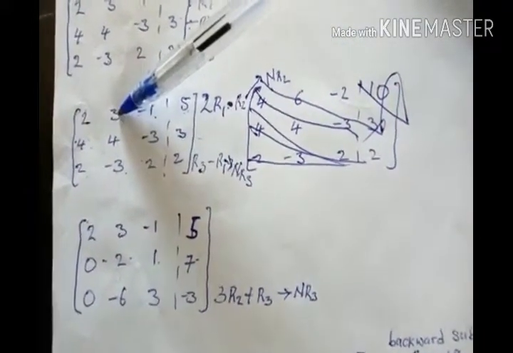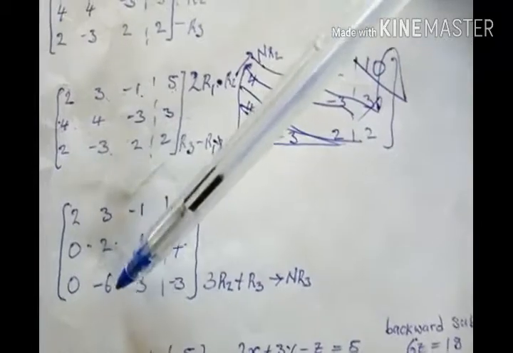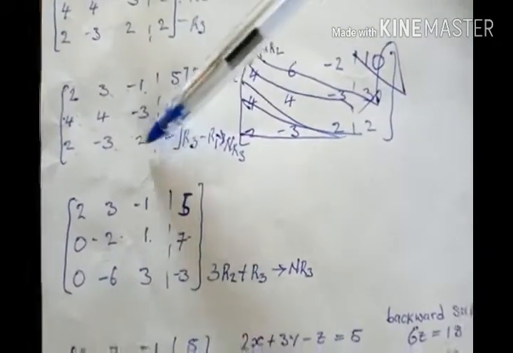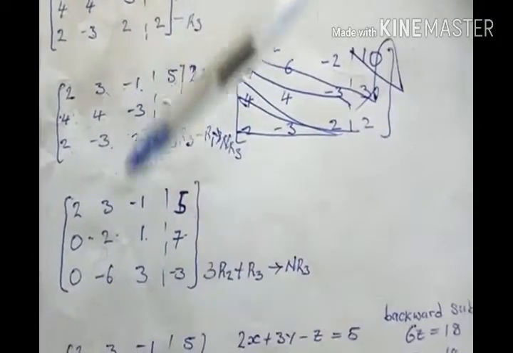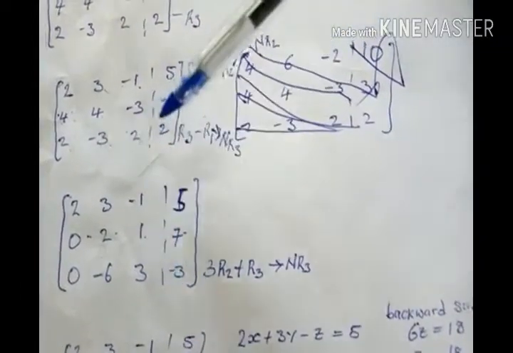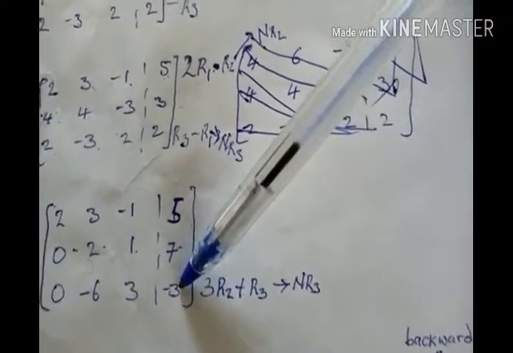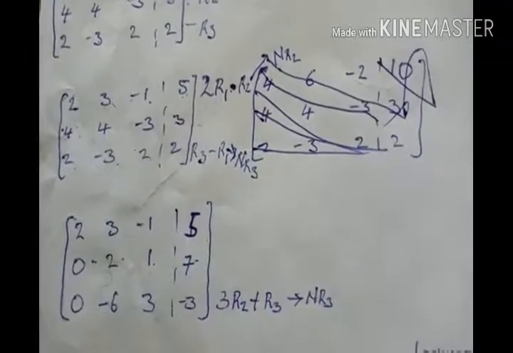Minus 3 minus 3, since you are subtracting, I got minus 6. Then 2 minus minus 1 becomes positive, so I have 3. Then 2 minus 5, I got minus 3. I hope we all understand.